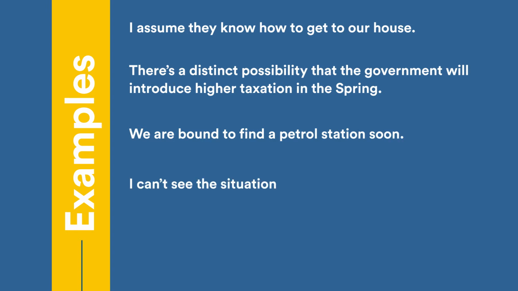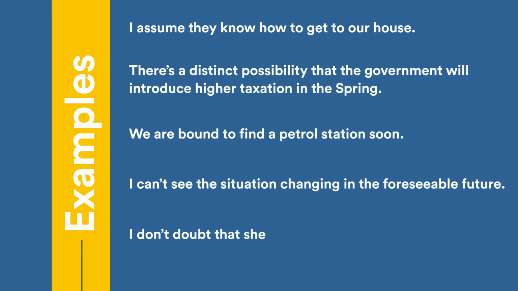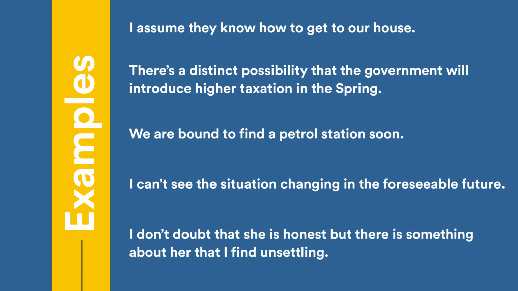I can't see the situation changing in the foreseeable future. I don't doubt that she's honest, but there is something about her that I find unsettling. Even if you don't use all of these phrases, it's important to recognize that they indicate likelihood.